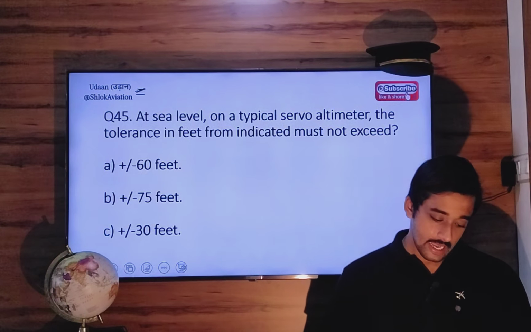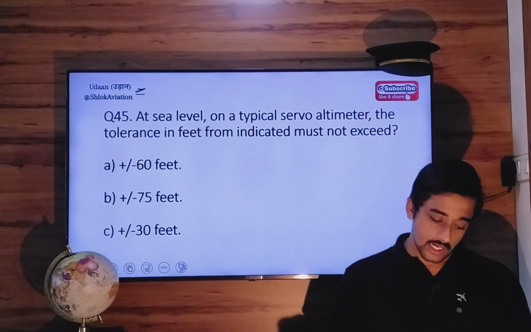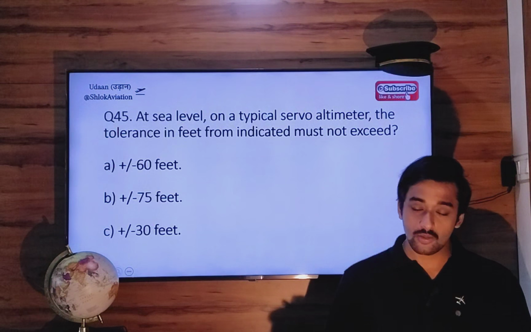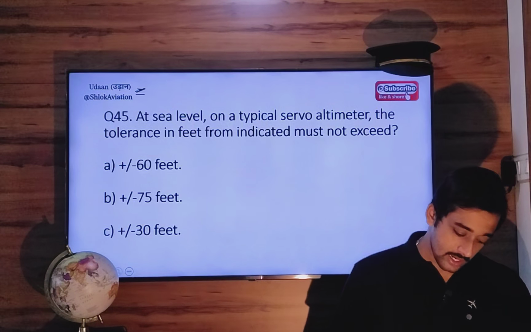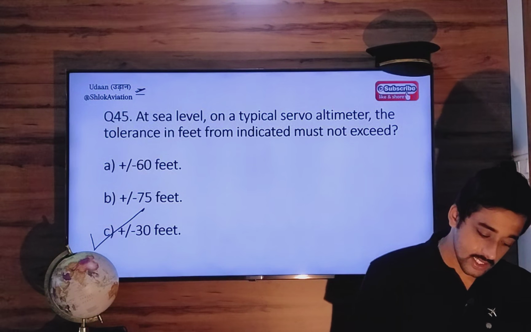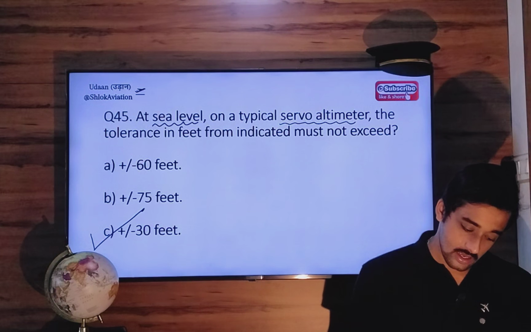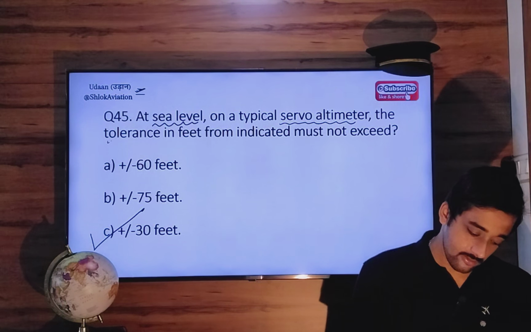Question 45. At sea level, on a typical servo altimeter, the tolerance in feet from indicated altitude must not exceed what? So the correct option is plus minus 30 feet. Now here the keywords are sea level, servo altimeter, okay, and tolerance in feet.